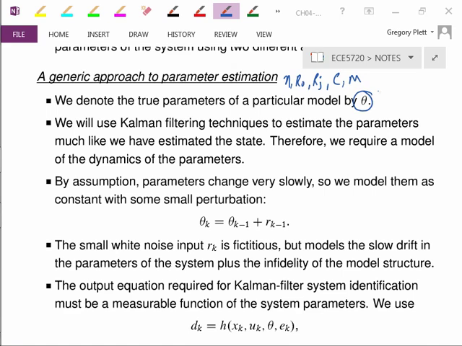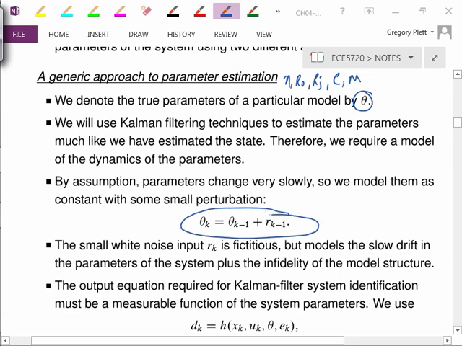But it probably wouldn't help us an awful lot for this application because the time constants of those changes are so slow that the models would probably be dominated by any kind of measurement noise, and the model wouldn't help us a lot. We can get away with a very simple model of parameter changes.